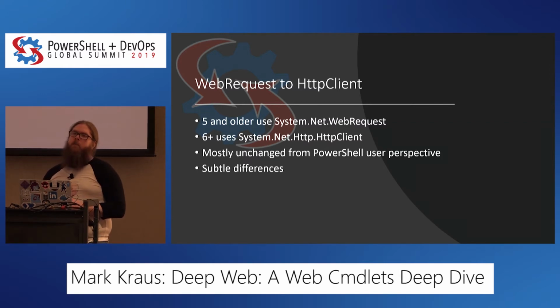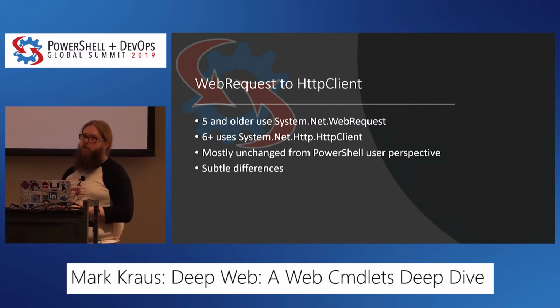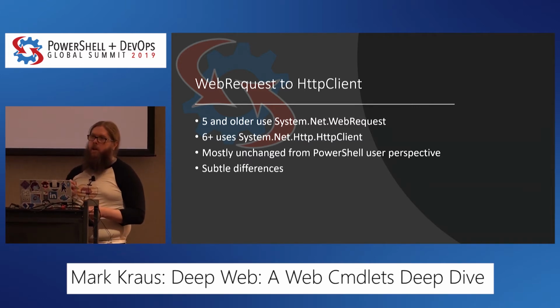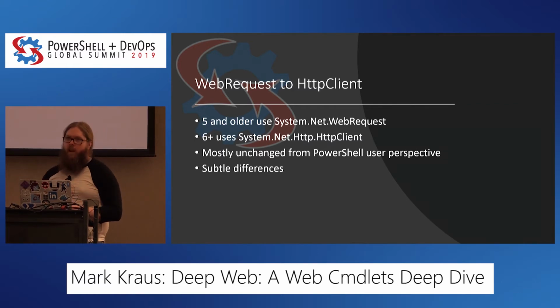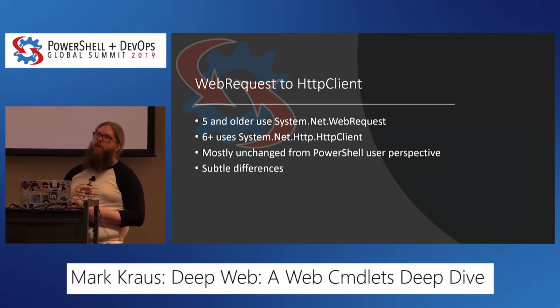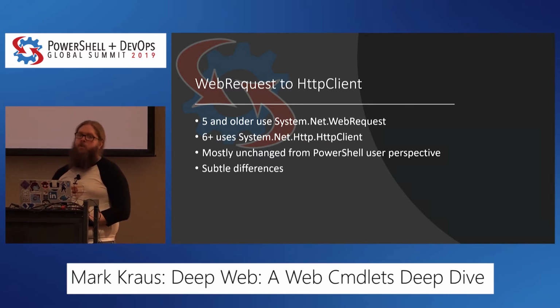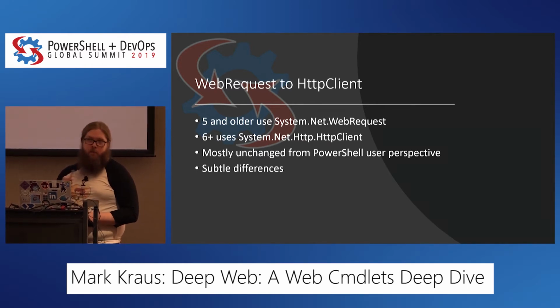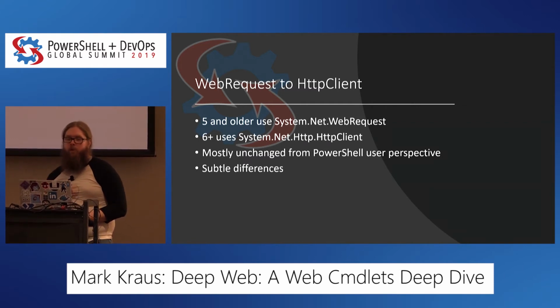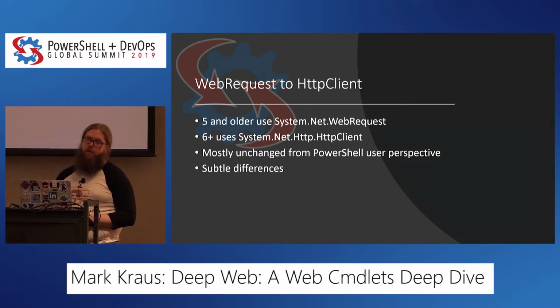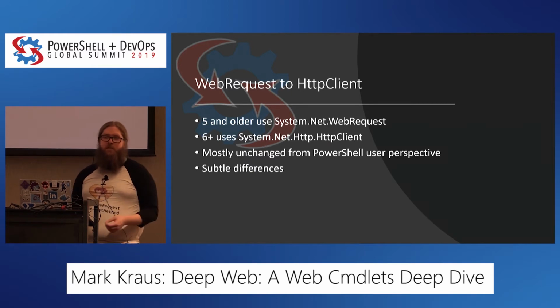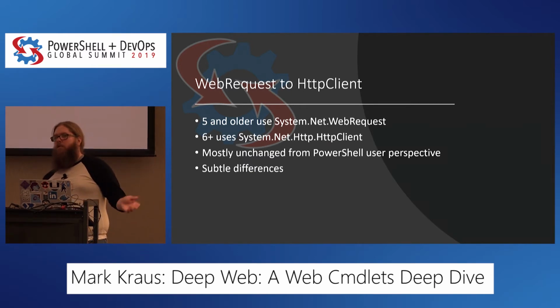And when .NET Core was originally released, it did not ship with the WebRequests API in it. It was added shortly after we were already committed to using the HTTP client, which was the only API at the time. So work was done. I was not involved in that explicit work, so don't give me credit for it. But it was switched to the System.Net.Http client. And from a PowerShell user perspective, that is mostly something you don't care about until you do.